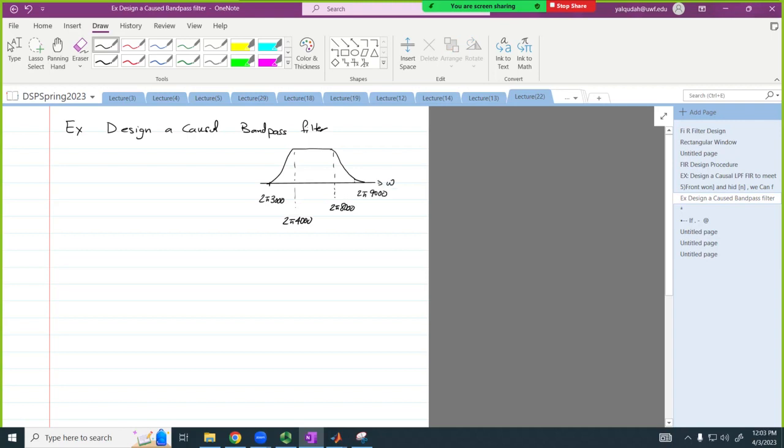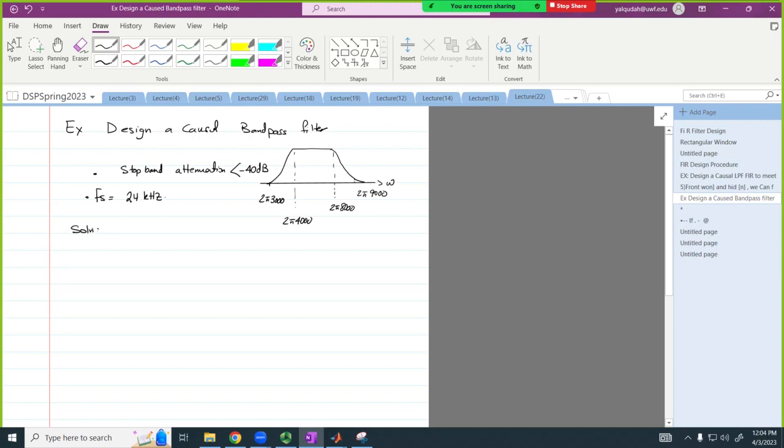And we want the stop band attenuation to be less than negative 40 dB. And our sampling frequency is equal to 24 kilohertz.